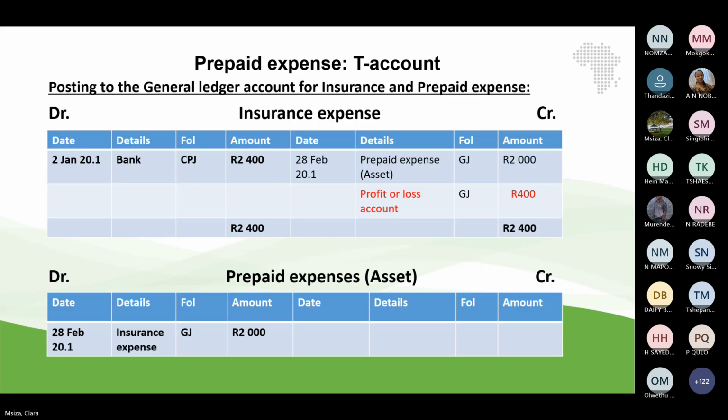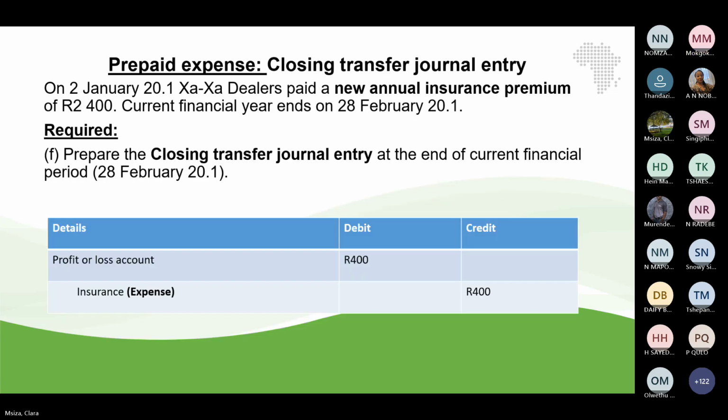I'm not sure which journal she is referring to, because there is a closing journal entry, an adjusting journal entry, and the first one, which is the journal entry on the day the transaction took place, where we debited our insurance and credited bank.